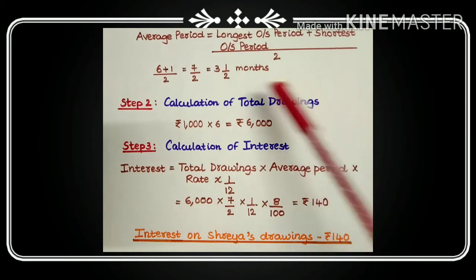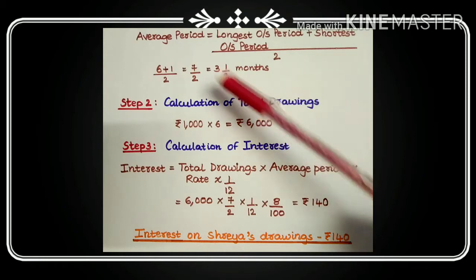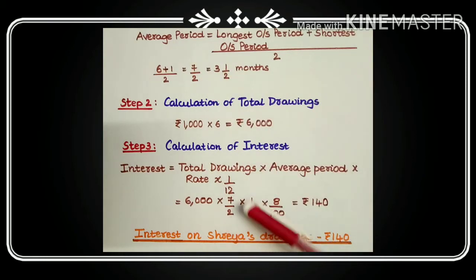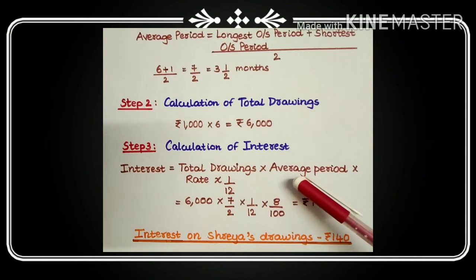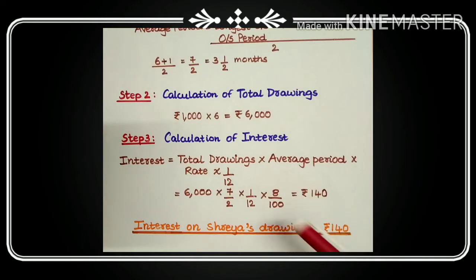Average period is 3.5 months, but for simplifying calculation, I'll take 7 by 2. At what rate of interest have they told? It was 8%, so it is 8 by 100. 6000 into 7 by 2 into 1 by 12 into 8 by 100 is nothing but rupees 140. So interest on Shreya's drawings is rupees 140.